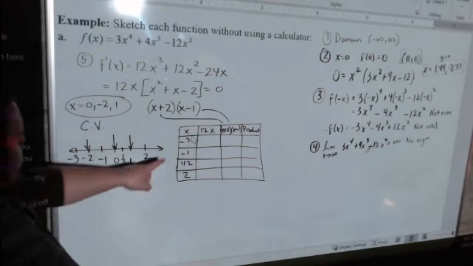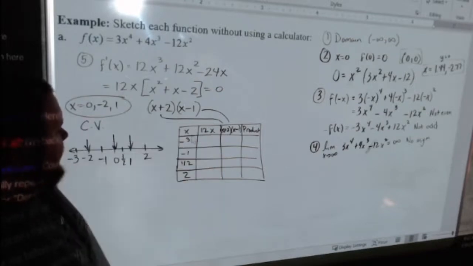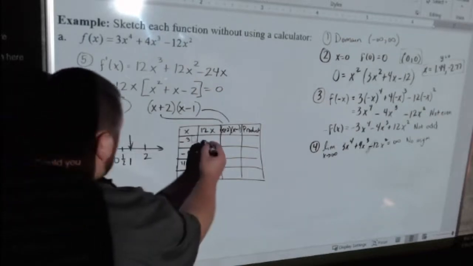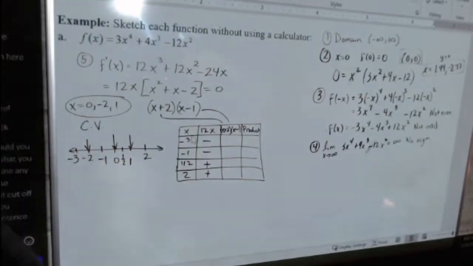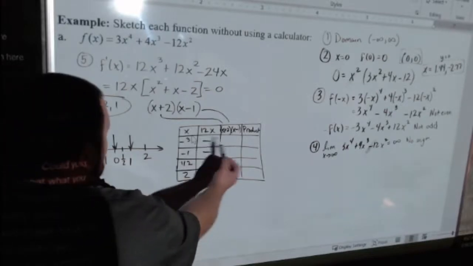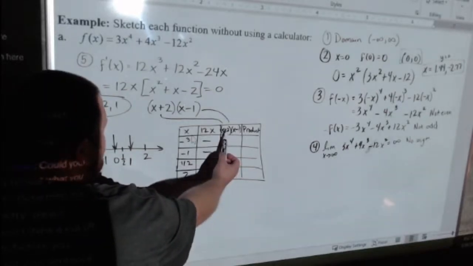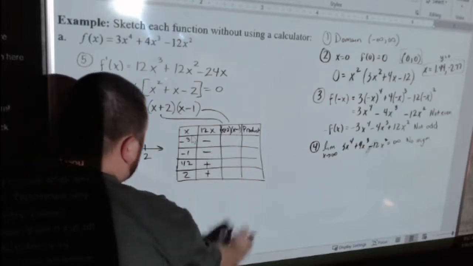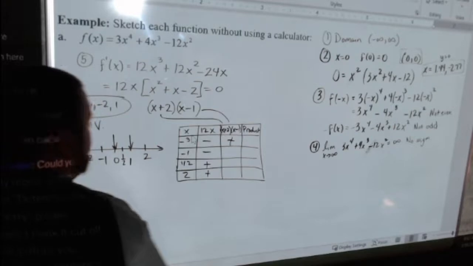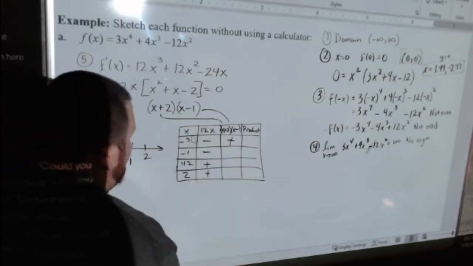So if I plug a negative number into 12 times a number, that's going to be negative. And if I plug a positive, I get positive. Now, -3 plus 2, that's a negative number. -3 minus another 1, that's also negative. So negative times negative is positive.